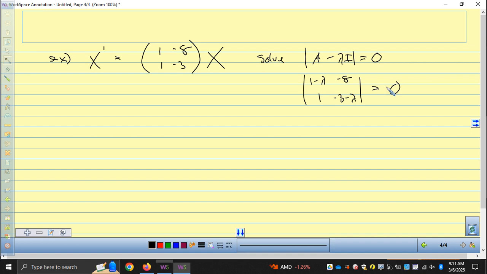That determinant is 0. When we do that determinant, 1 minus lambda times negative 3 minus lambda plus 8 equals 0. So that becomes lambda squared plus 2 lambda plus 5 equals 0.